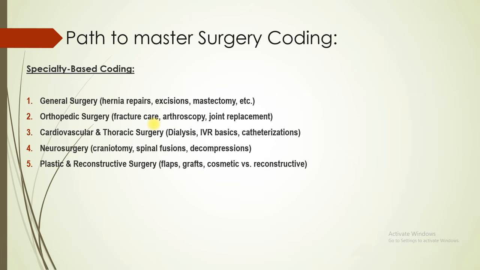We will also learn the difference between arthroscopy and arthroplasty, and what amputations are. And we will learn joint replacements. Most of the time in the ambulatory surgery setting, we will get knee replacement, so here we will learn knee replacement during this orthopedic surgery coding session. Next we have cardiovascular and thoracic surgery.